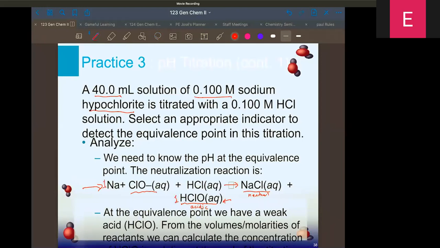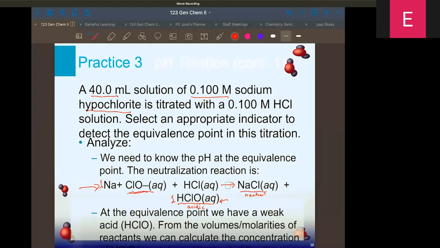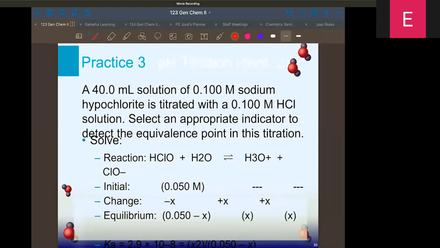So if we know the moles of this, that'll be the same as the moles of the HClO, and therefore we can calculate what the pH is by using the Ka.